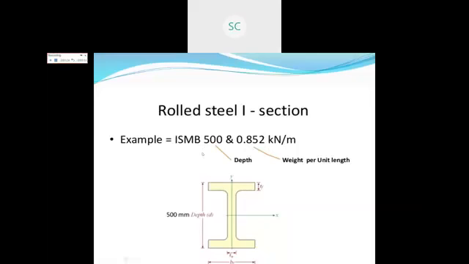In these properties, you will get the moment of inertia, the other dimensions, thickness of web, thickness of flange, width of flange, radius of gyration, everything, by using the handbook. So always refer to IS 800:2007 and the handbook to know the properties of a particular rolled section.